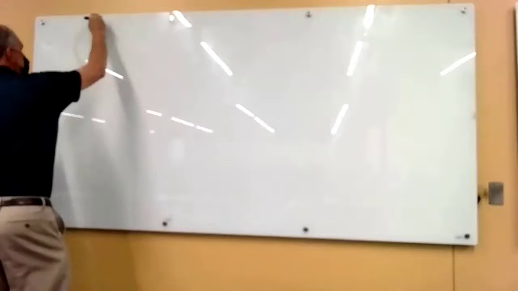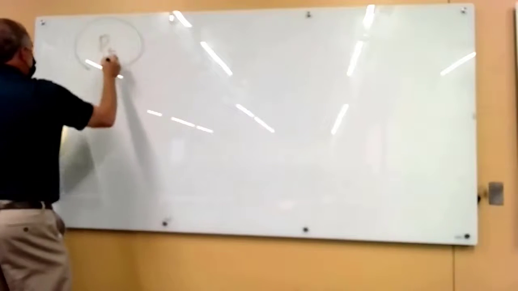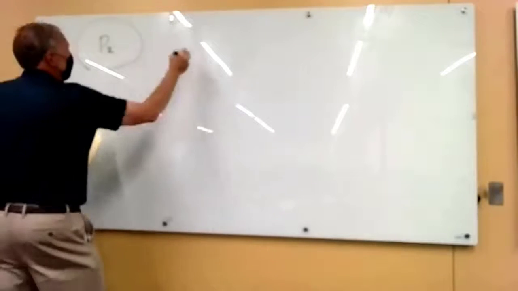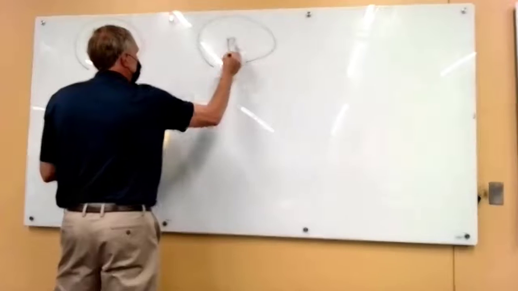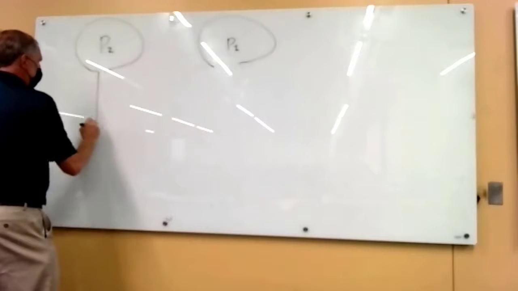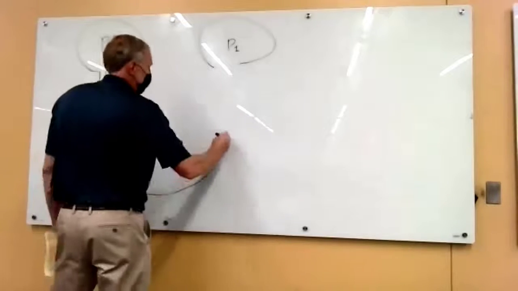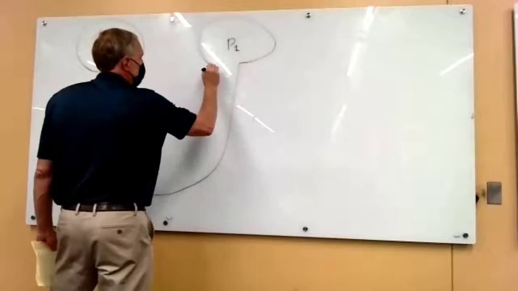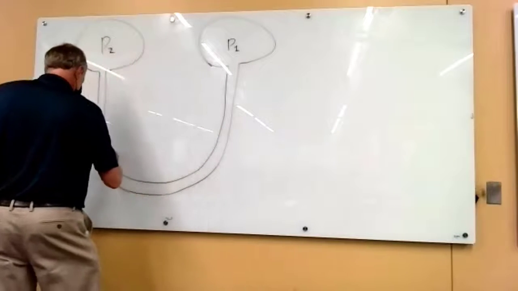So if we have a glass tube or a container here where we have a pressure P2, then we have another container here where we have a pressure P1. We connect a tube that is connected to those two different pressures like that.